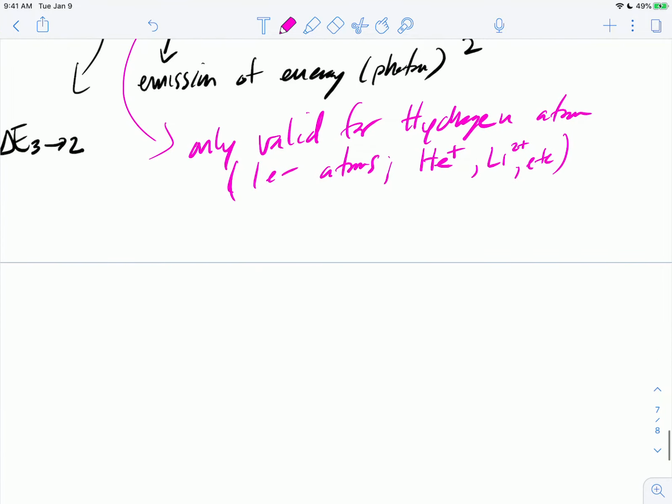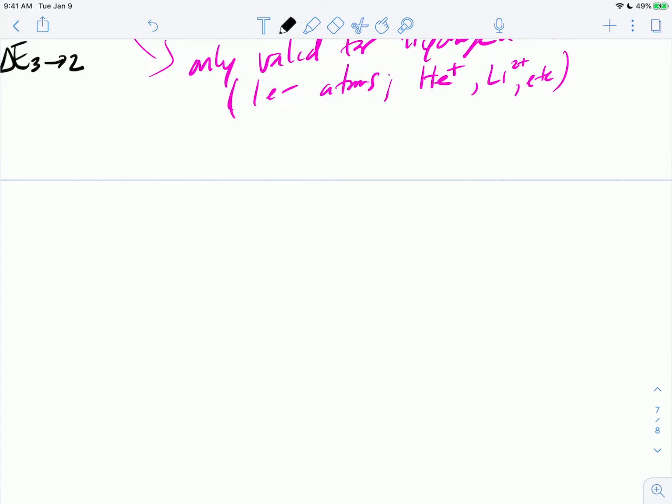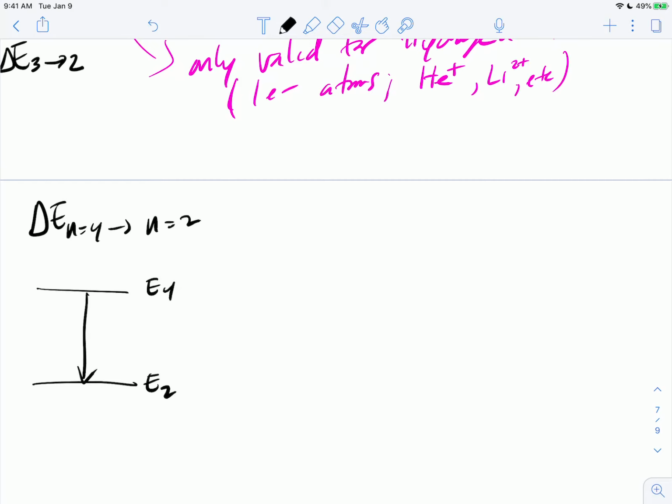So let's go and put this into use. Let's do the example we just had, where we go from n equals 4 down to n equals 2. We're going to have an emission, and we would like to figure out what this change in energy is.